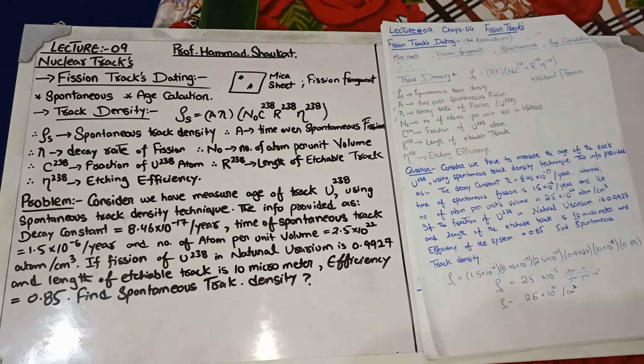The density of fission induced in this glass, rho d, will be a measure of neutron dose. So rho d can be written as rho d equals b psi, whereas b is basically the constant.